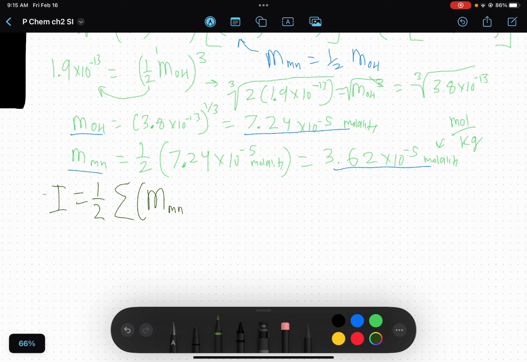So that's Mn, which is positive, which means we also need to do the positive z squared, plus M_OH z_OH squared.